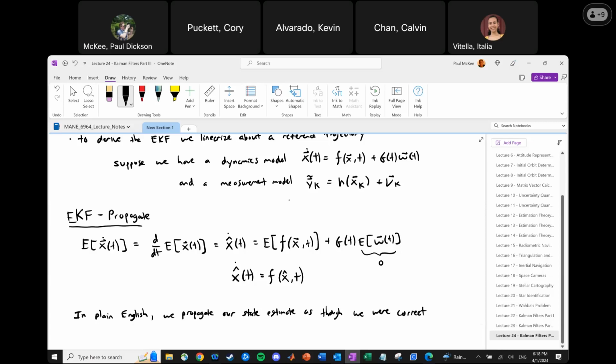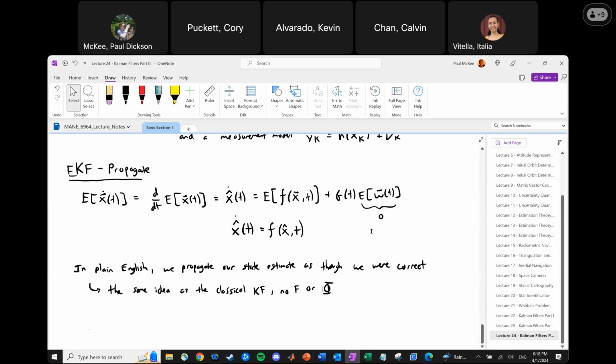And this is the same idea as the classical Kalman filter. It's just that there's no F and there's also no state transition matrix. We're just going to use our nonlinear dynamic model to propagate. Now the covariance is different. Covariance is going to be a bit of a bear.